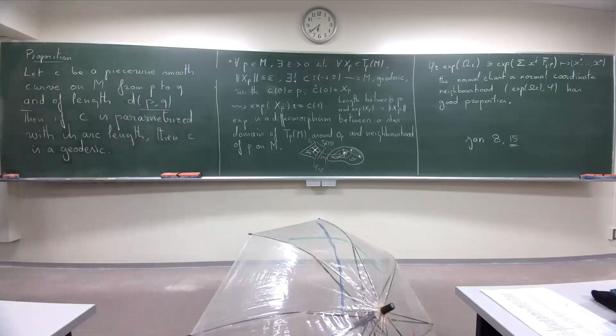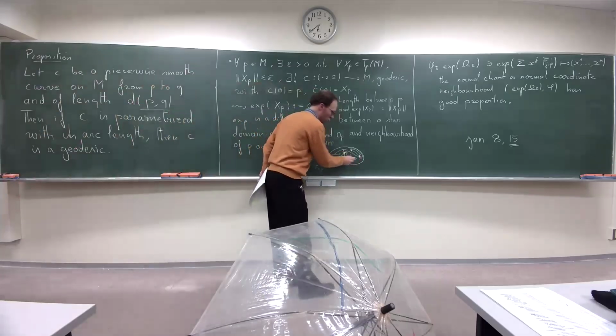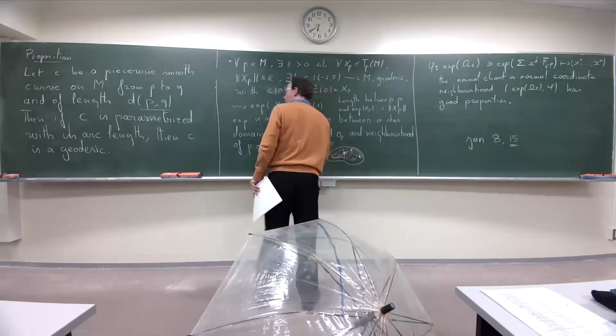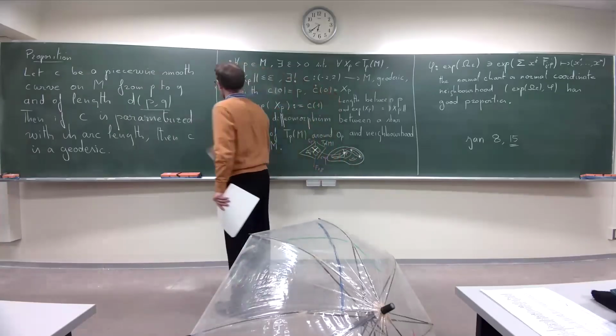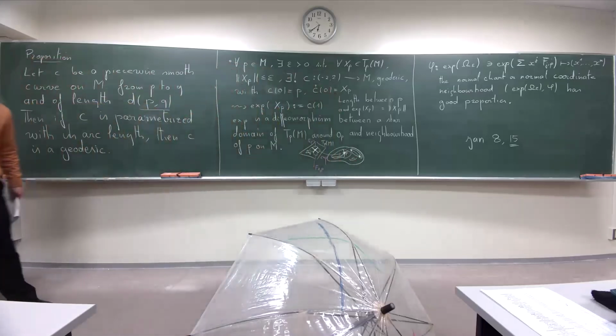It's smooth and it's a geodesic. So it means if between these 2 points you know the distance, but you can construct a piecewise smooth curve which has exactly this distance, then this is a geodesic.